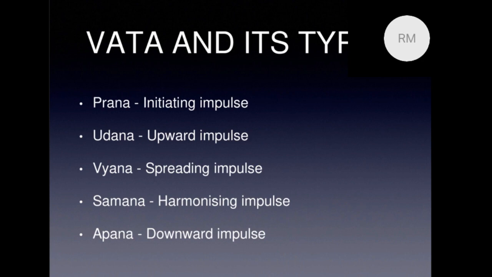Are you able to make this difference? I just want you to pay attention to what I have written in the slide, which is the structural location of the 5 vatas, and what I have written now in our discussion here is the functional expression.